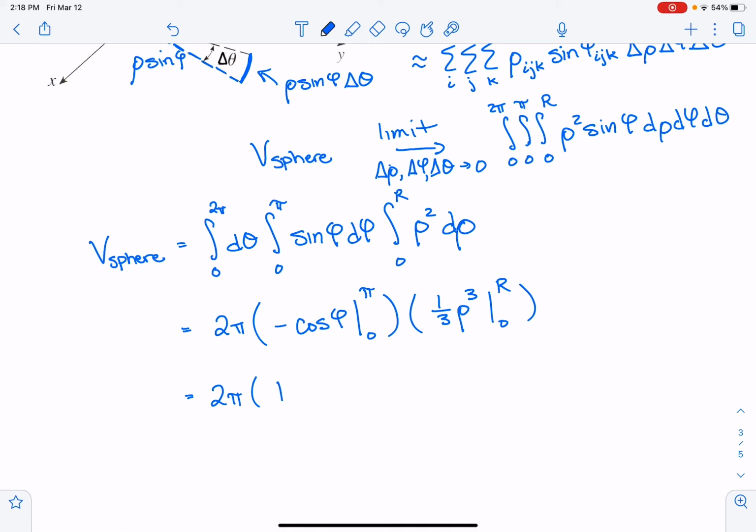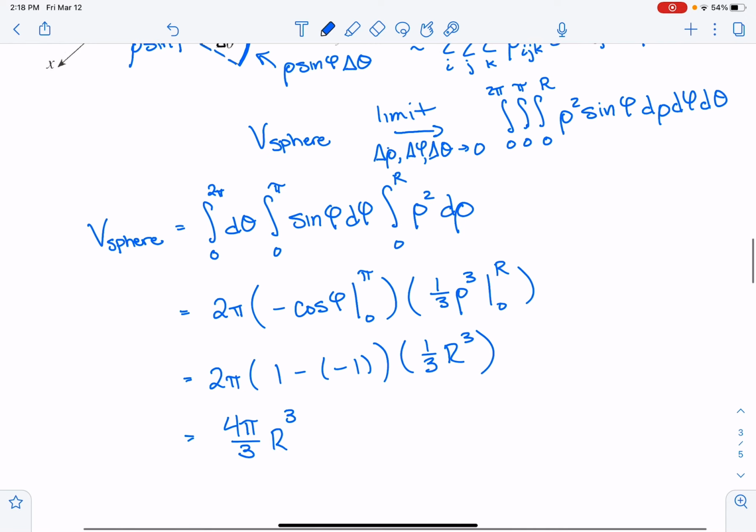And then that's minus cosine of 0, so a negative cosine of 0, which is minus a negative 1. And then here I'm going to get 1/3 times r cubed. So I'm going to get 2 pi times 2. So that's going to be 4 pi over 3 r cubed. And that is what we expect for the volume of a sphere, 4/3 pi r cubed.